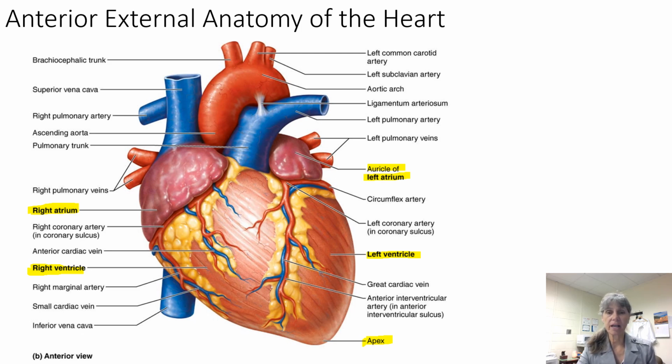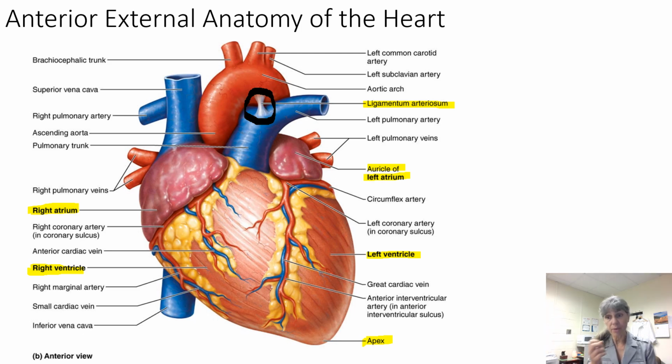And I also wanted to point out the ligamentum arteriosum, which is this ligament right here. The ligamentum arteriosum is a fibrous connective tissue remnant of what used to be the ductus arteriosus. And the ductus arteriosus was a way for the baby's body, when the baby was in the mother's womb, to have blood go from the right ventricle directly into the aorta to circulate blood and bypass the lungs.